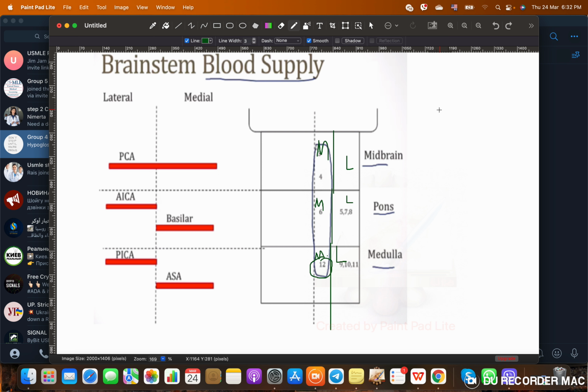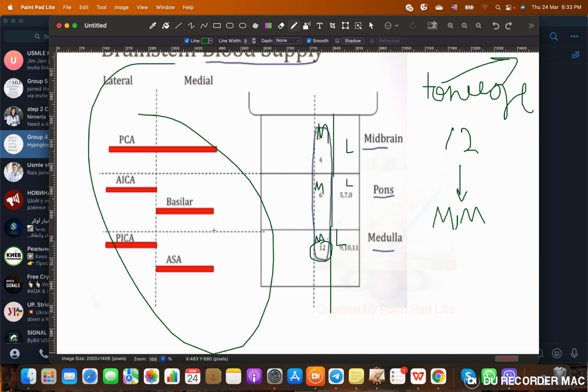They will tell you, oh, the patient's tongue movement is messed up, his tongue is pointing in one direction and stuff like that. So you know that half of his tongue is paralyzed, and you will be like, okay, so it must be cranial nerve number 12. So this must be in the medulla, but since it's a 12, it should be medial medulla, right? Not lateral medulla. So you are like, okay, what supplies medial medulla? That's where this comes in handy.